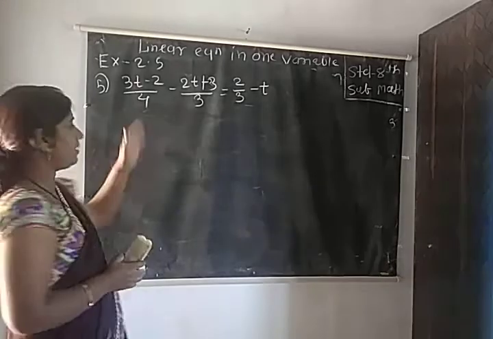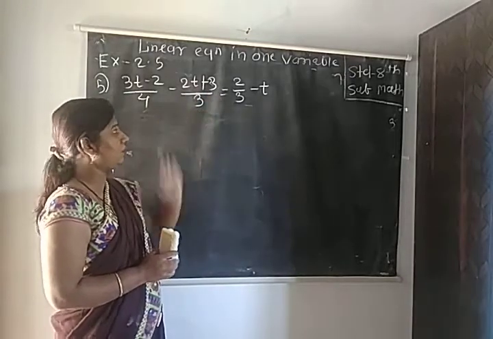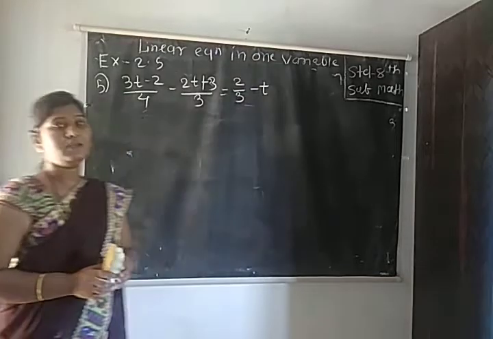Now the next example is (3t minus 2) upon 4 minus (2t plus 3) upon 3 is equal to 2 by (3 minus t).